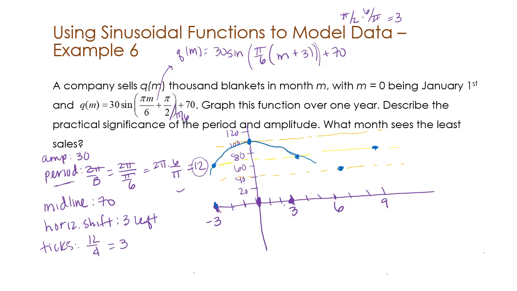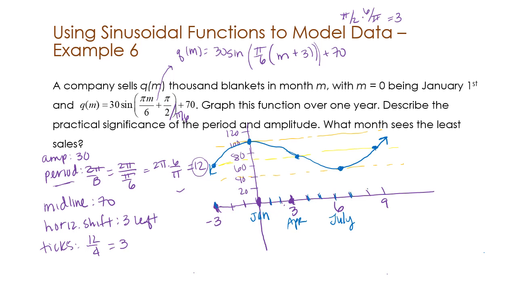So let's look at this graph and interpret it in the context of this formula or problem. We know that these are months. So month 0 is January, so that would be February, March, here's April, May, June, here's July, August, September, October, November. Sorry, bear with me guys, I cannot do months.